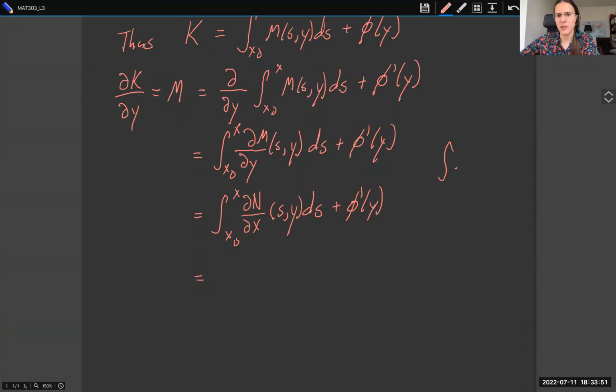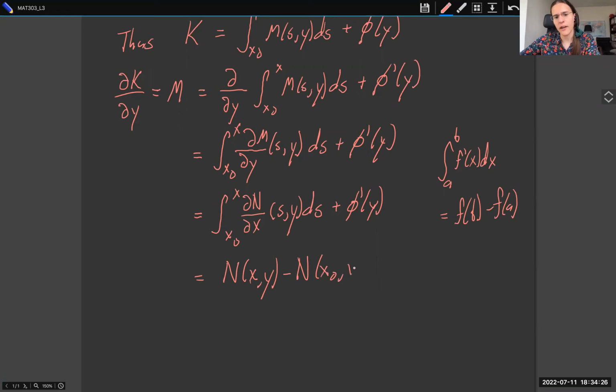So remember that the integral of f prime of x dx from a to b is equal to f of b minus f of a, right? So if we treat y as a constant and just treat this as taking the derivative with x, then what we get is the expression n of x y minus n of x naught y, right?